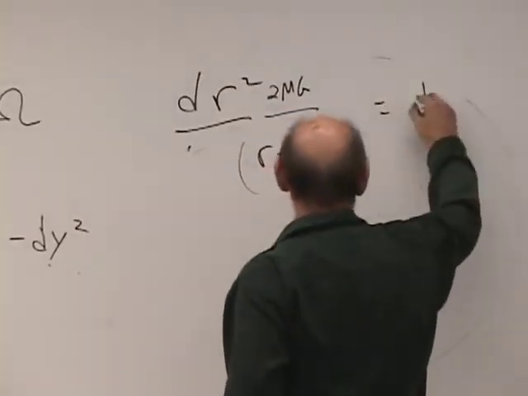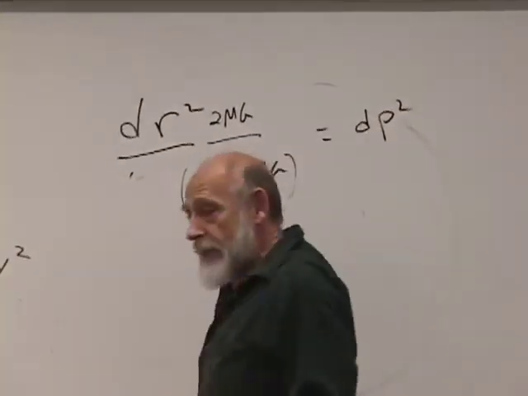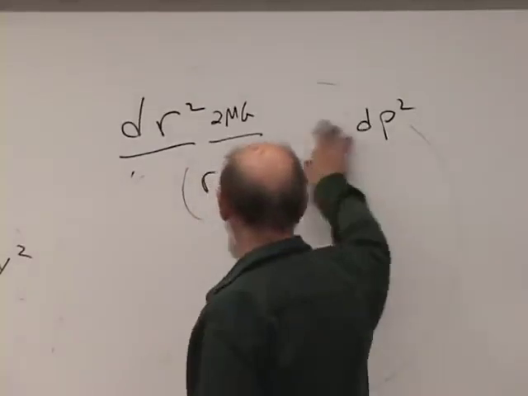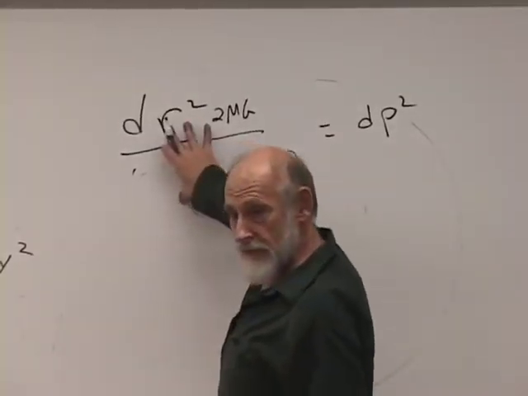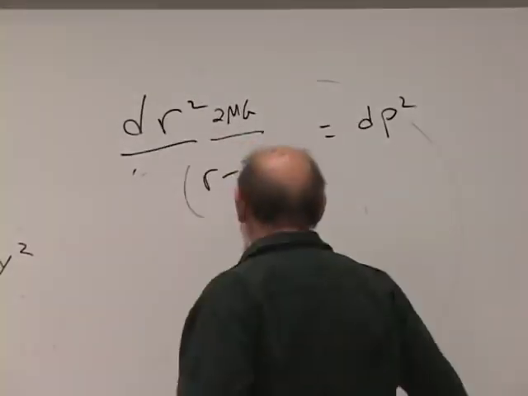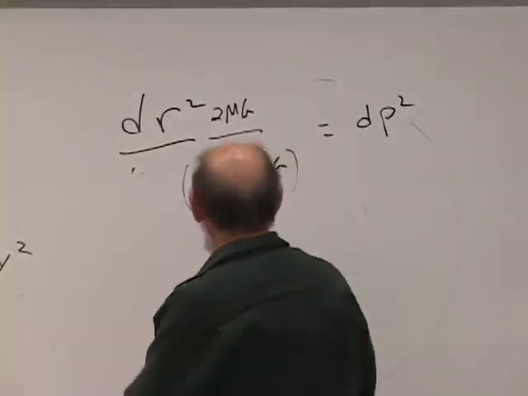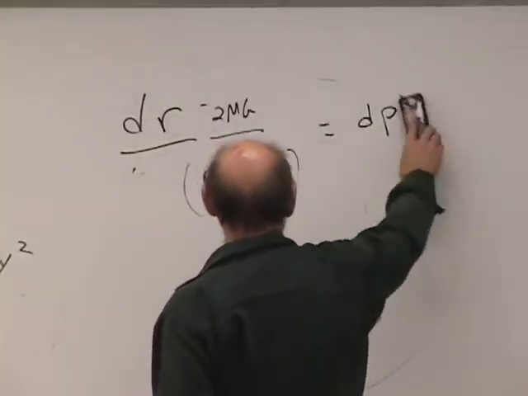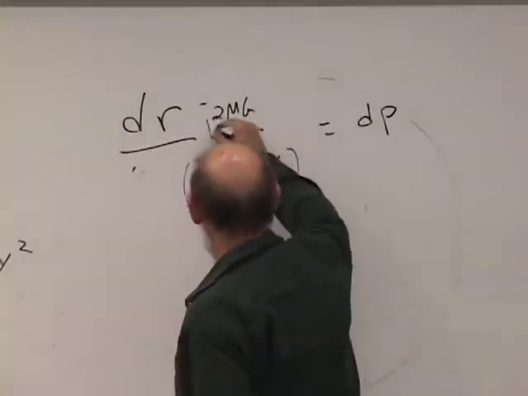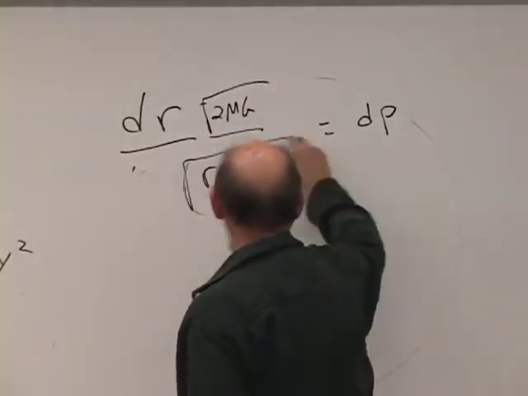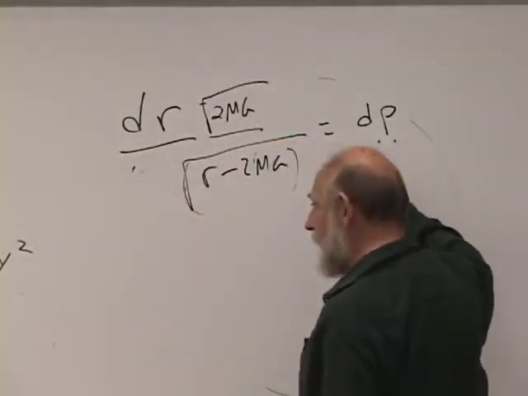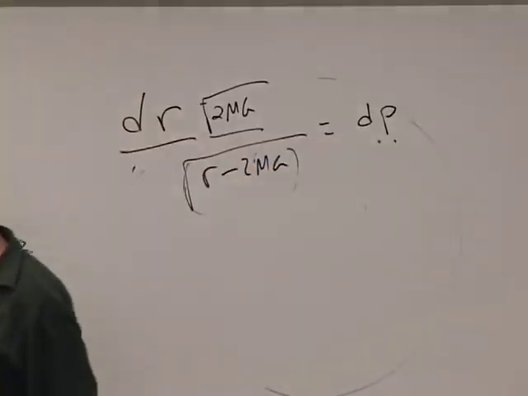I'm setting that equal to d rho squared. Now you can't ask me afterwards why d rho squared is equal to this, it just is. Definition of d rho squared. I take the square root of both sides and I integrate to find out that rho is equal to this.